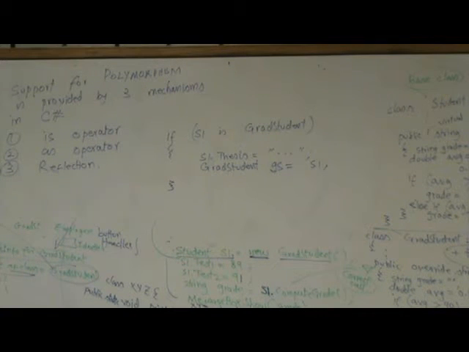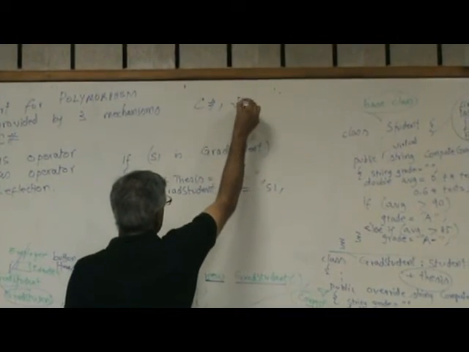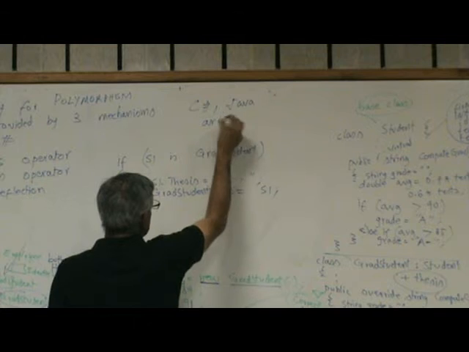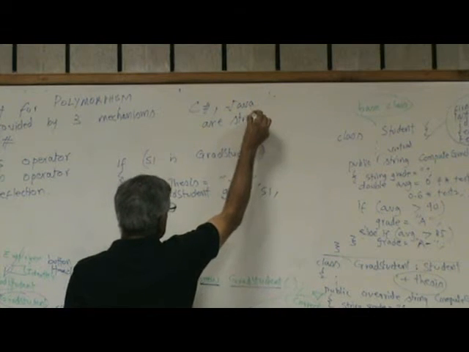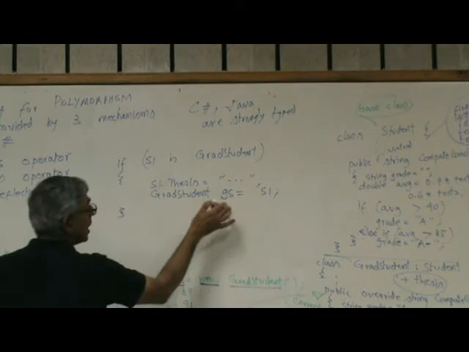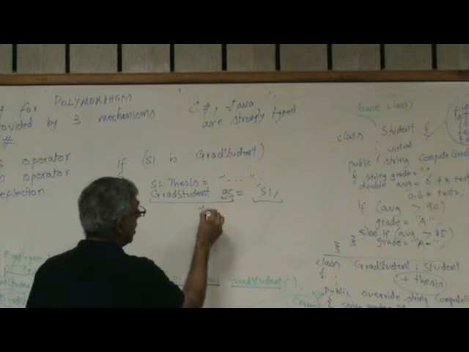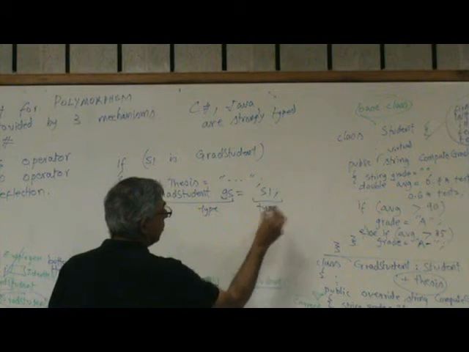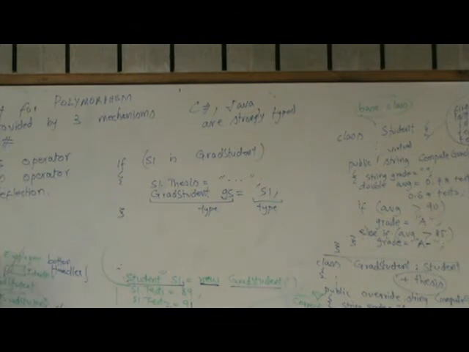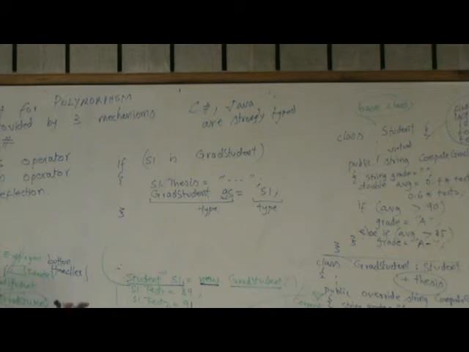However, as I mentioned in the last lecture, C#, like Java, is a strongly typed language, meaning the type of the left side has to match the type of the right side. What's the type of the left side? Grad student. Type of the right side? Student. So again, the compiler will say you cannot do that.